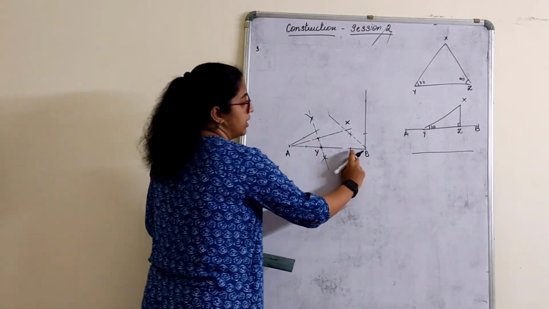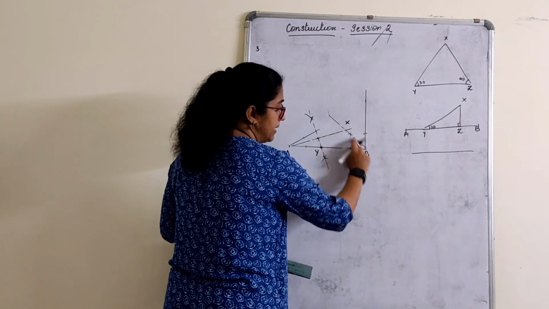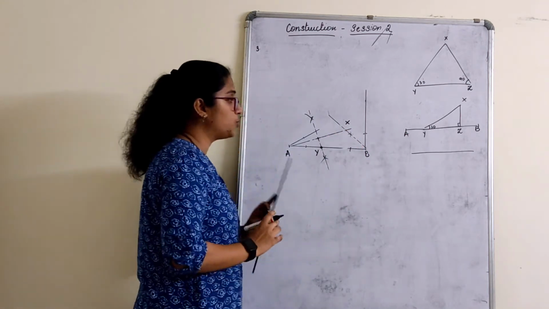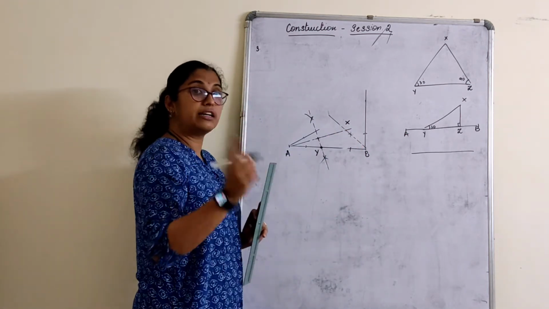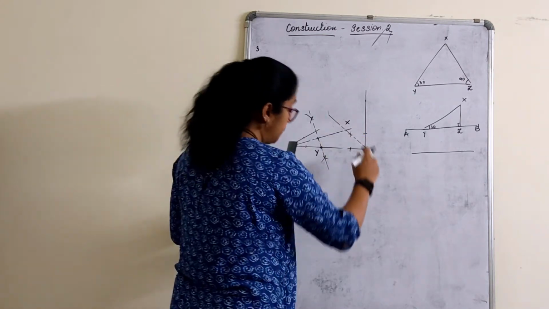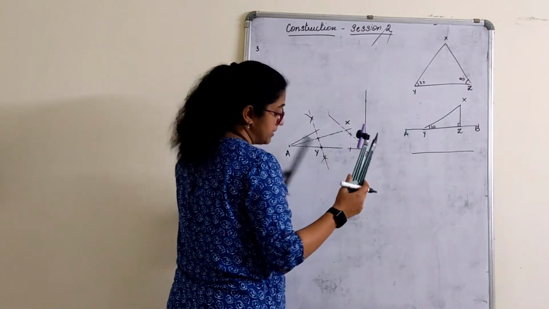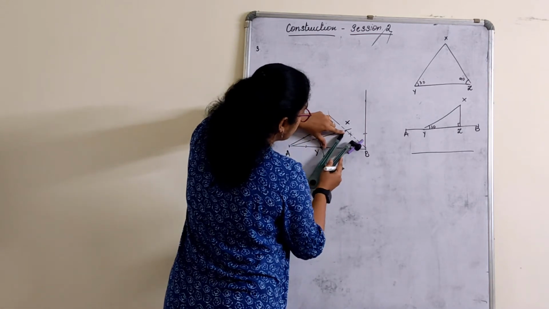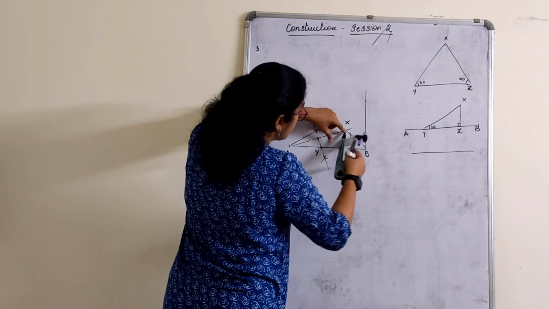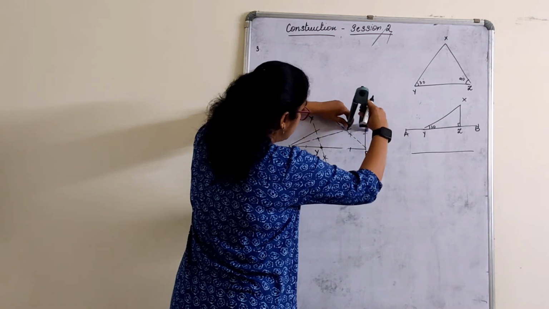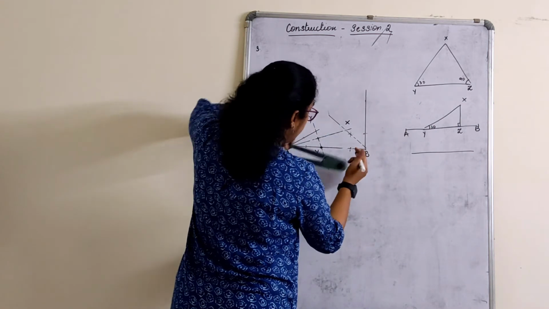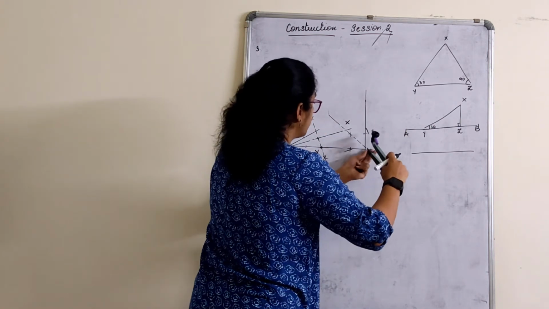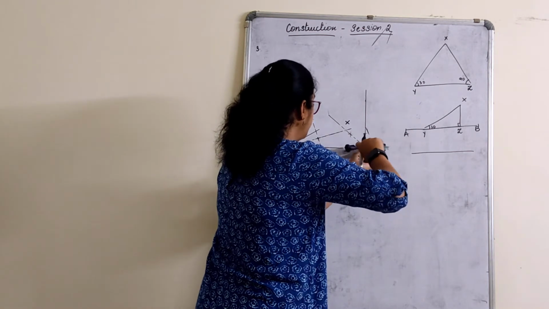Okay? Then the perpendicular bisector of BX. Don't worry, I will draw a rough figure once again and show you how. Perpendicular bisector of BX. So perpendicular bisector, half here and half here. This point, half and half.